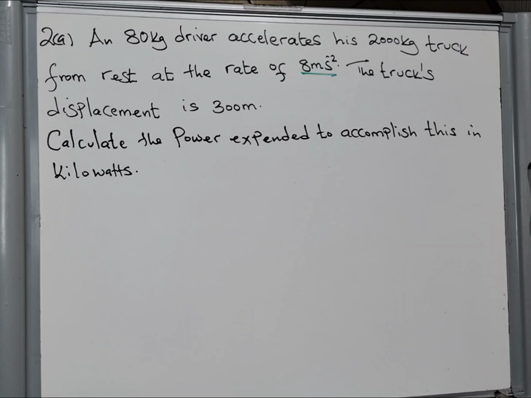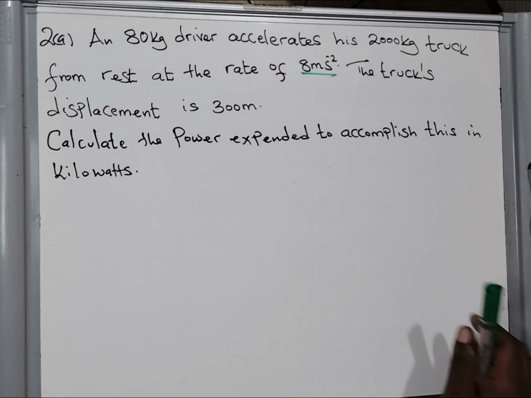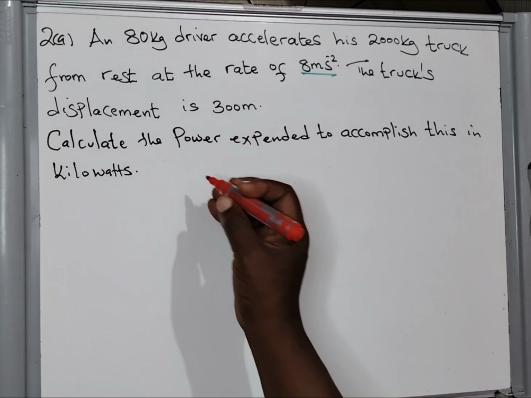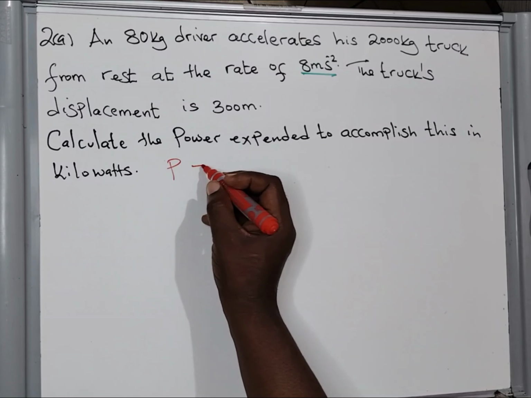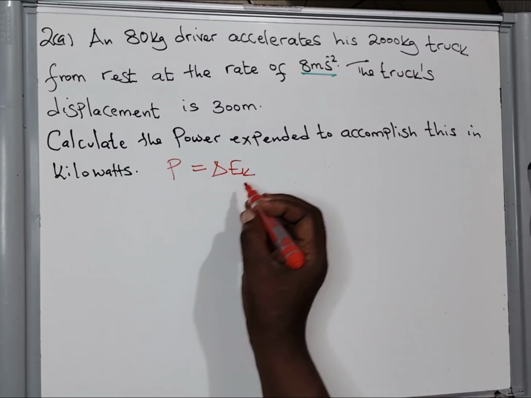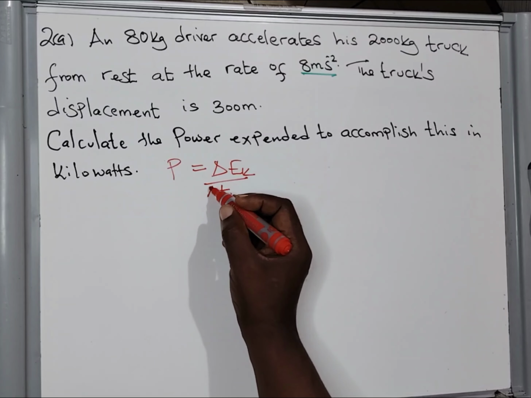We are looking at the driver inside the truck, and he accelerates at that rate for 300 meters. So what is the power produced during this situation? When you look at this, the best equation to apply is P, or power, equals change in kinetic energy over change in time.